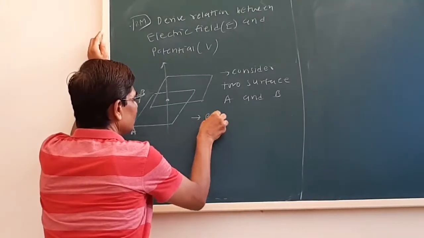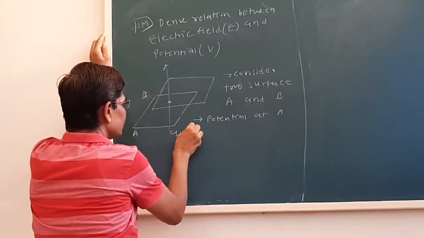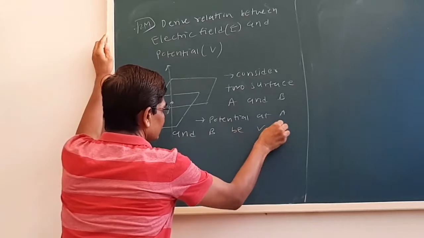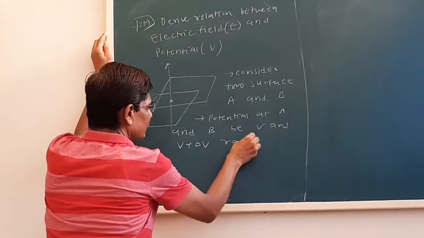Let the potentials at A and B be V and V plus delta V respectively.